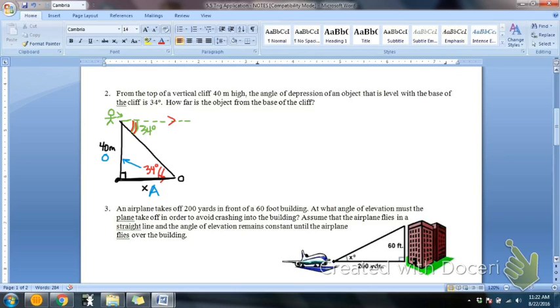What do we use for opposite and adjacent? Got you with your mouth full, huh? It's okay. Opposite and adjacent uses? Good, tangent. Okay, so we're going to say tangent of our angle equals opposite over adjacent.